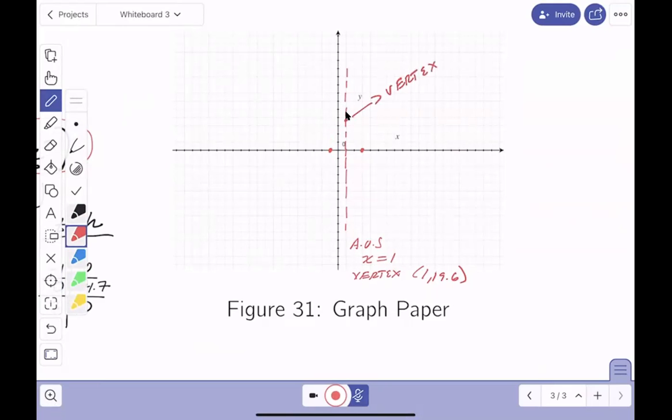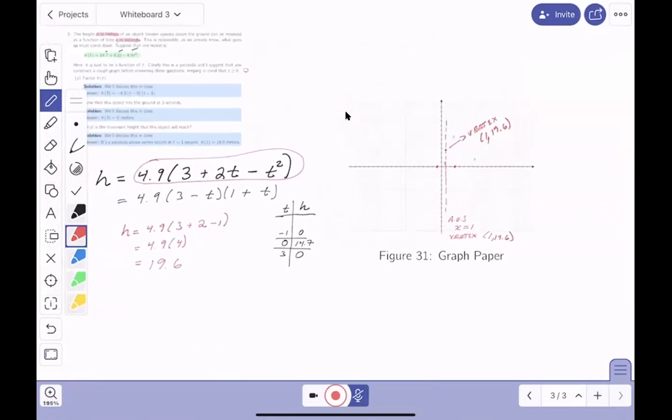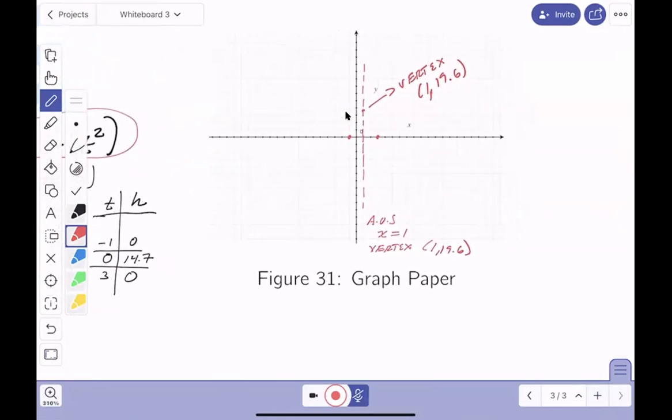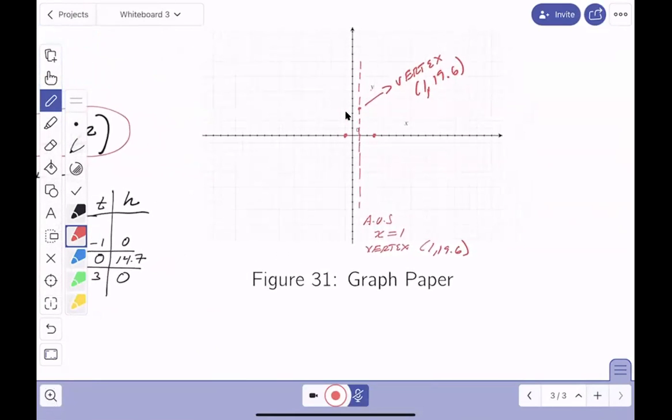And what's the vertex? 1, 19, that's a comma, 0.6. All right. Do you remember the y-intercept? 14.7. Let's see if we can put that down. Remember those hash marks going in the vertical direction are 5s.